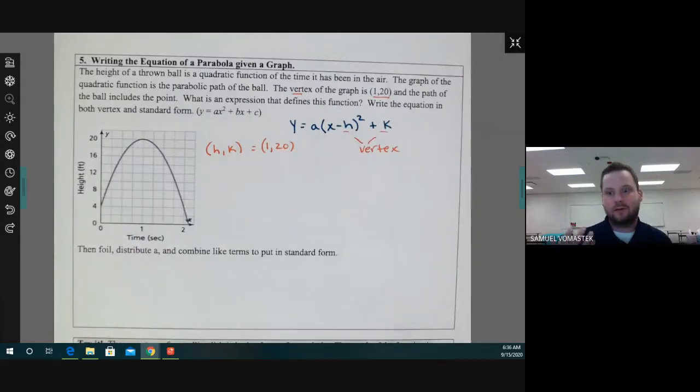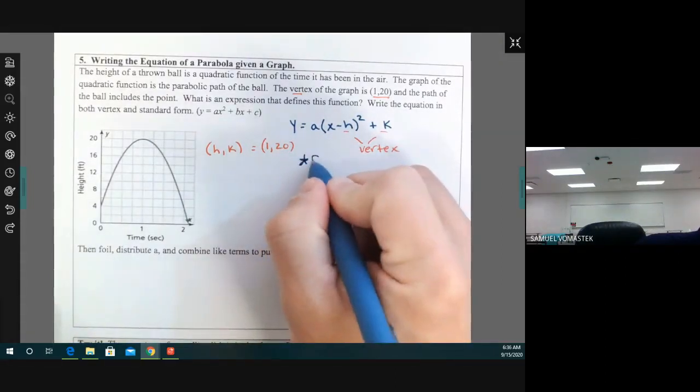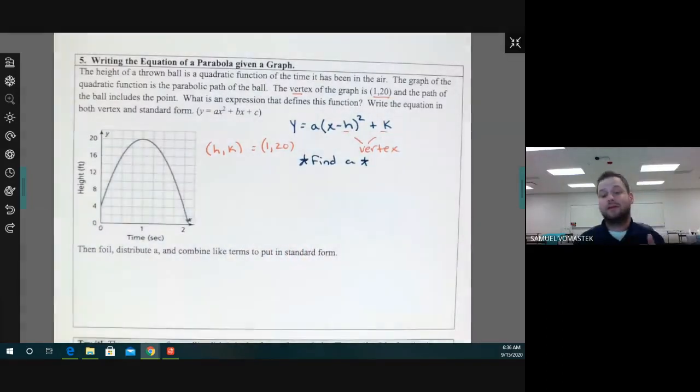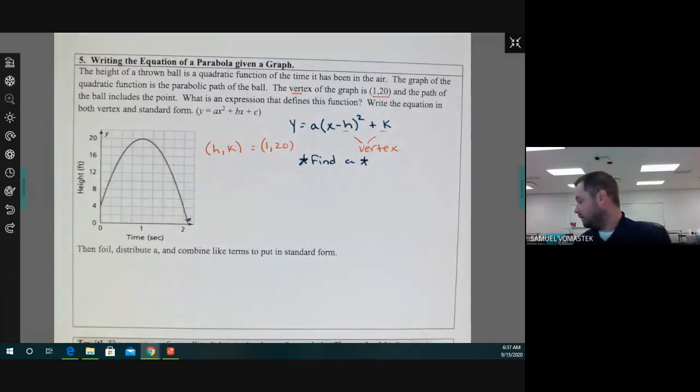After that, we need to think, okay, what else do we need to know? Well, the key to these problems to write the equation is we have to find a. That's the first thing you have to do. In order to do that, I need both a vertex, which we have, and a point as well. So I'm going to go to my graph and look for the best point possible.